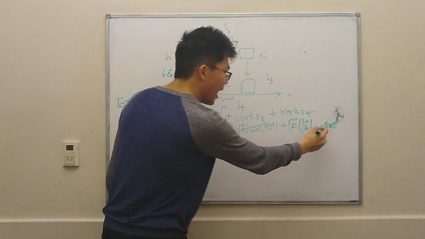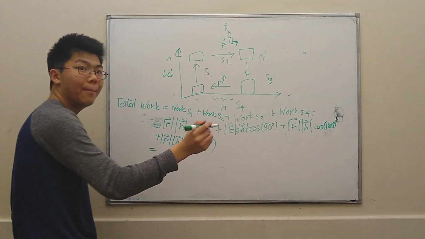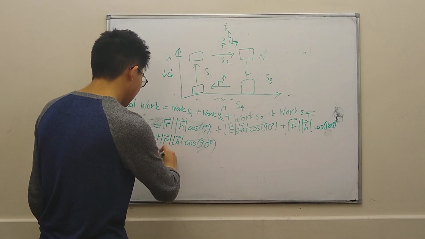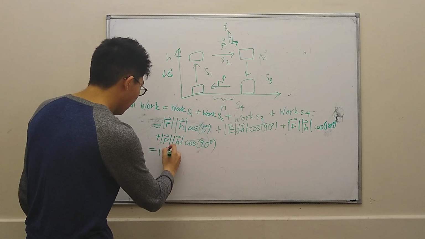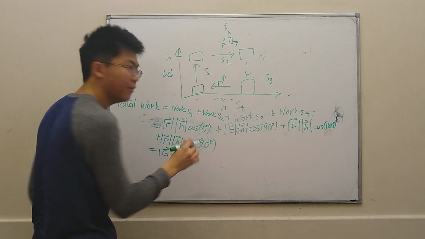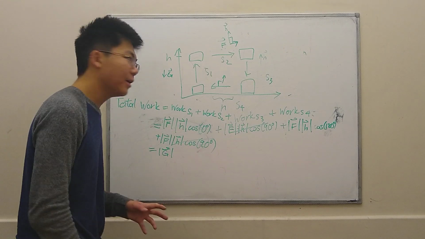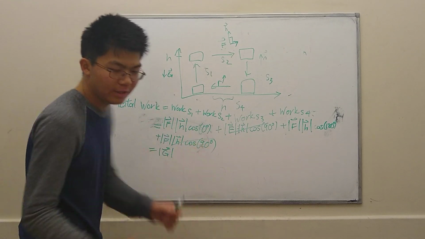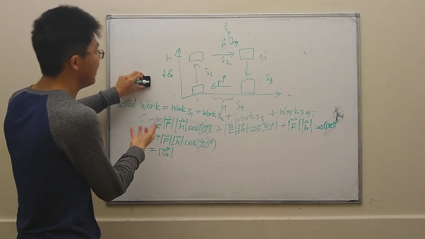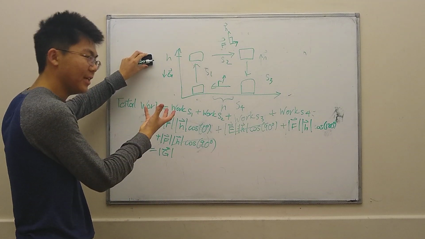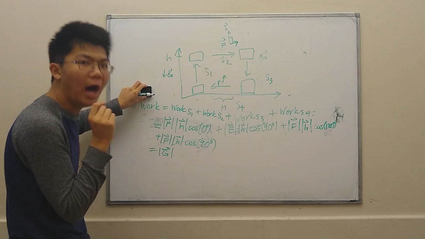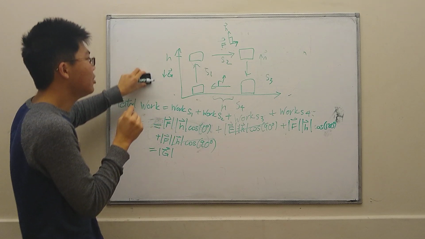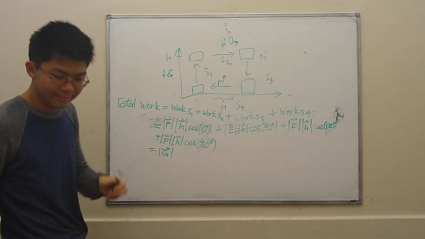Now, cosine of 90 is 0, so those terms cancel out. Cosine of 180 actually turns it into a minus sign. In this case, I'm going to replace the force with the magnitude of the gravity field, because if we're lifting this thing up against gravity, we need to apply an equal force in the opposite direction in order to make it move upward.